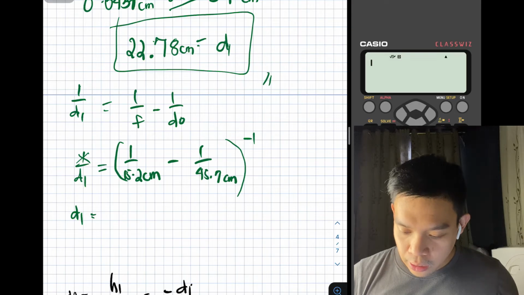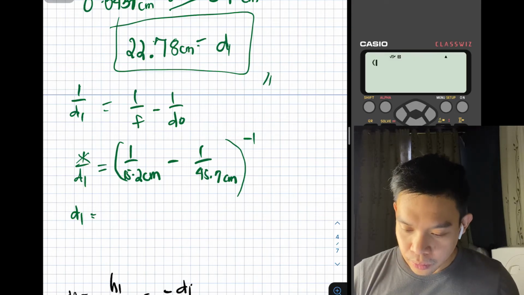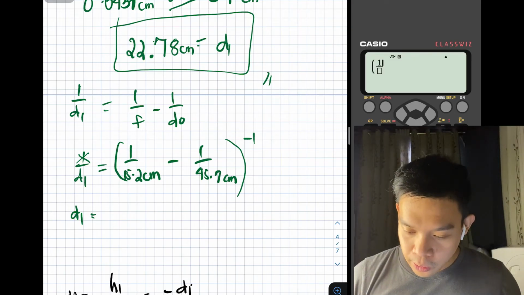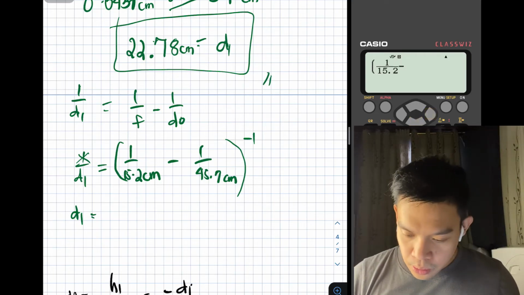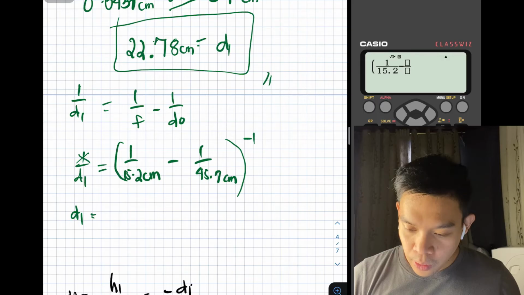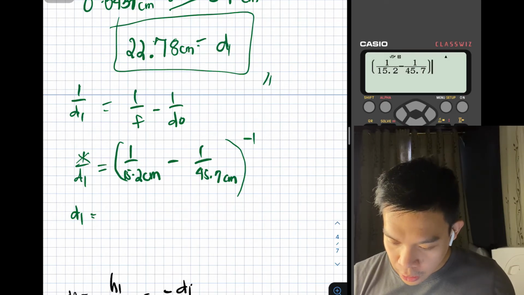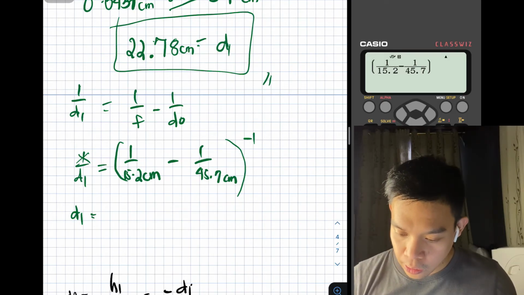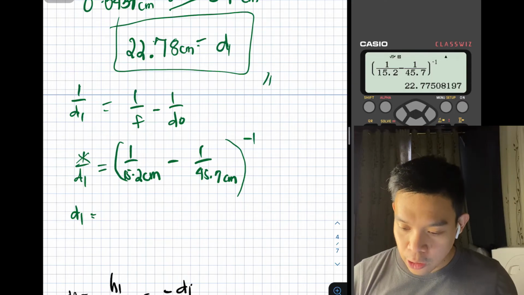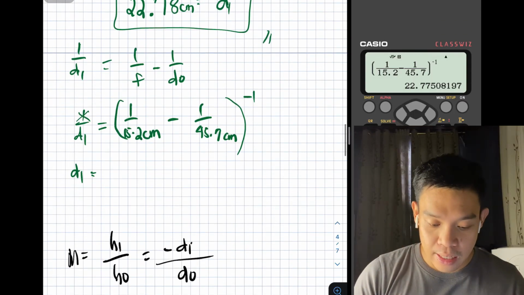So in our calculator, 1 over 15.2 subtracted by 1 over 45.7, then shift, negative 1, x to the minus 1, and it gives me a value of 22.78 centimeters, the same.